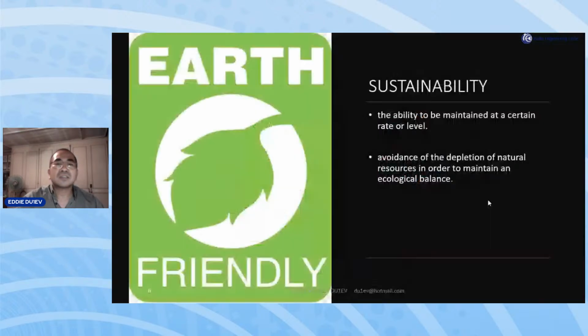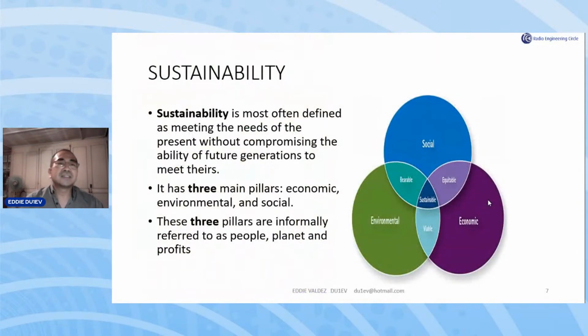Now the other rubric that we have is sustainability. What is sustainability? One definition is the ability to be maintained at a certain rate or level. Another definition is avoidance of the depletion of natural resources in order to maintain an ecological balance.